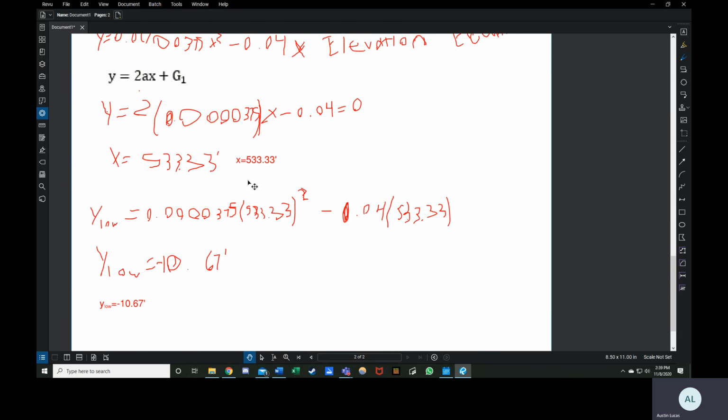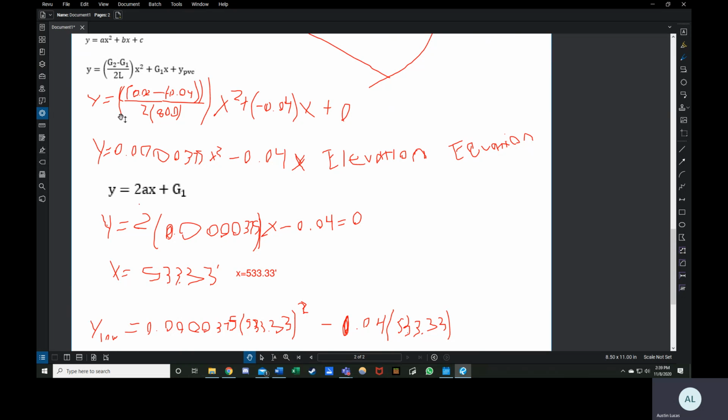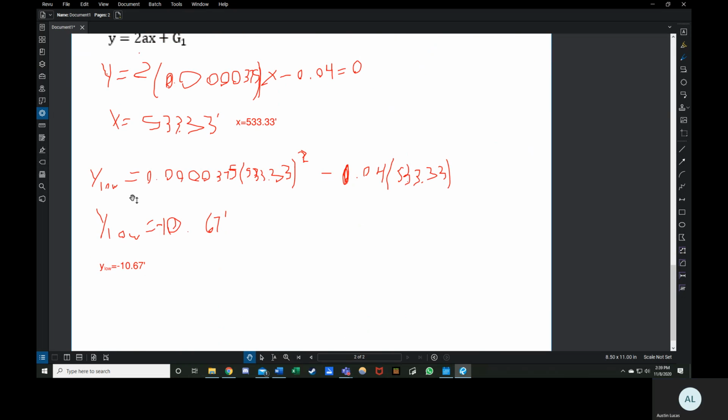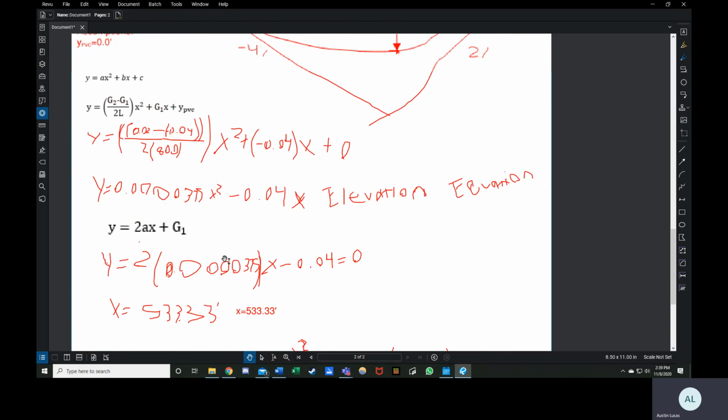So we take this x and plug it back into our elevation equation, which I have done here. 0.0000375 times 533.33 squared minus 0.04 times 533.33, and we find that the elevation at the low point of this curve equals negative 10.67 feet.